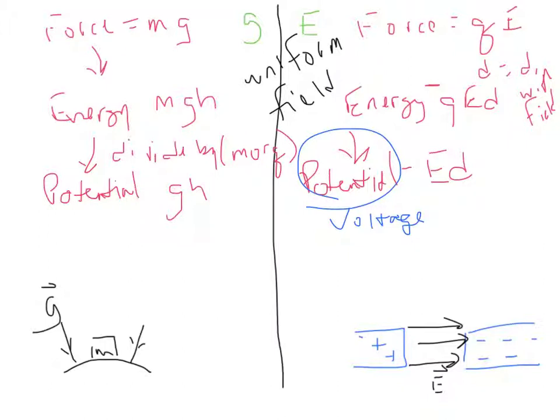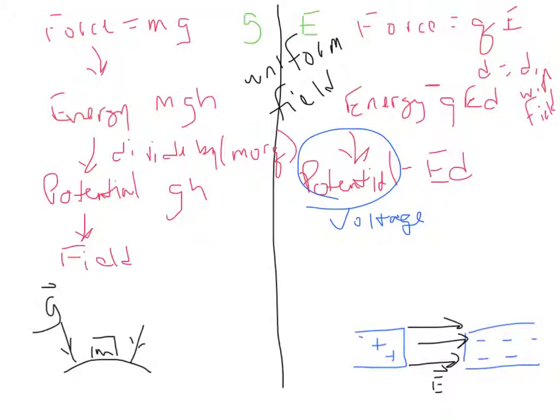The last thing I want to do is go from potential to the concept of field. Let's change it back to field. And what I'm going to do now is essentially differentiate with respect to distance.